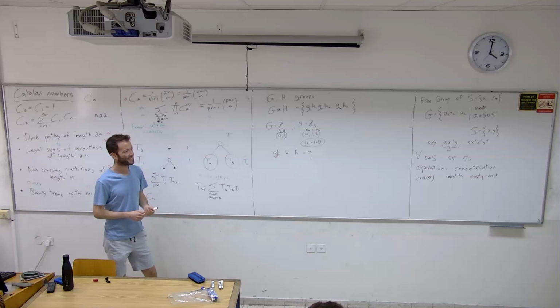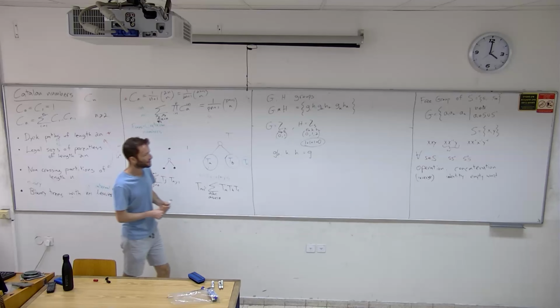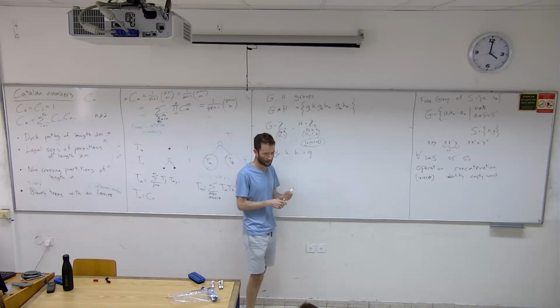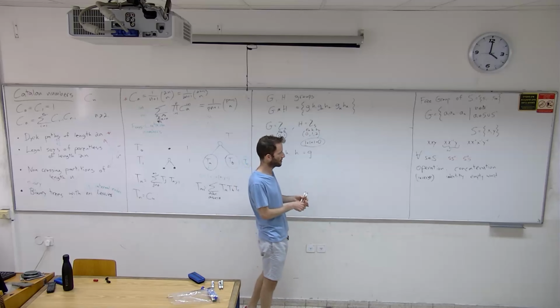That's the origin of the name, right? Yes, the term freeness comes from the idea of no non-trivial relations, though we haven't seen the definition of freeness yet in our context.